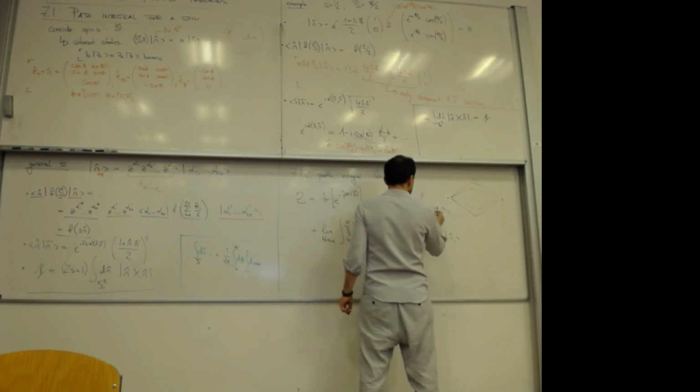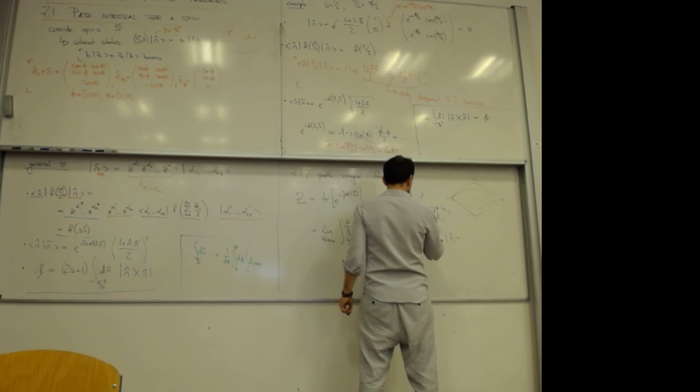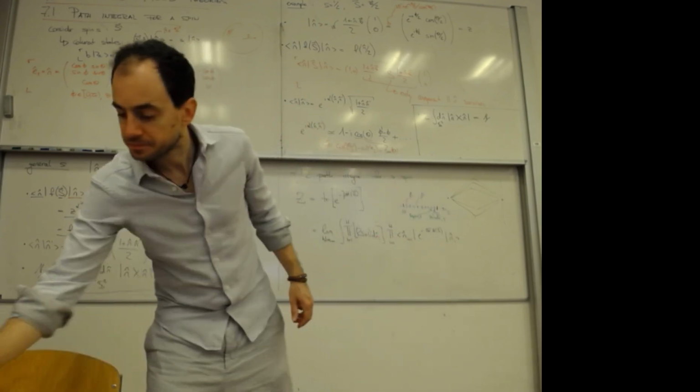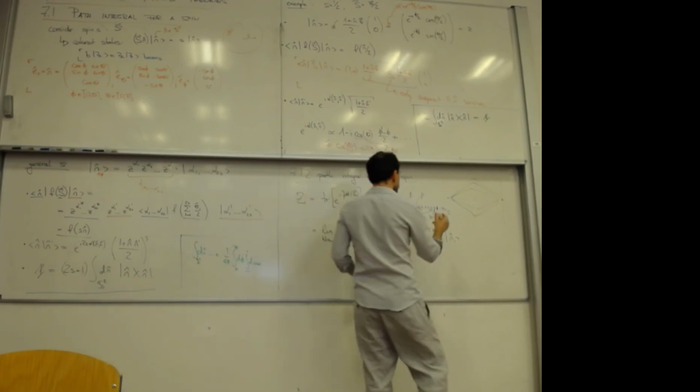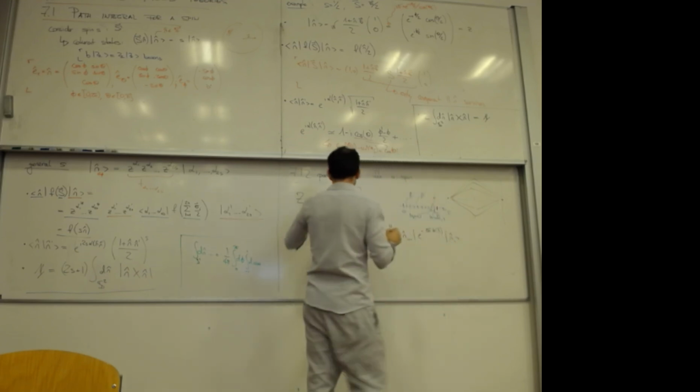And here I have something like n2, n2, and in between here, I have e to the minus, and now only a part of this guy.